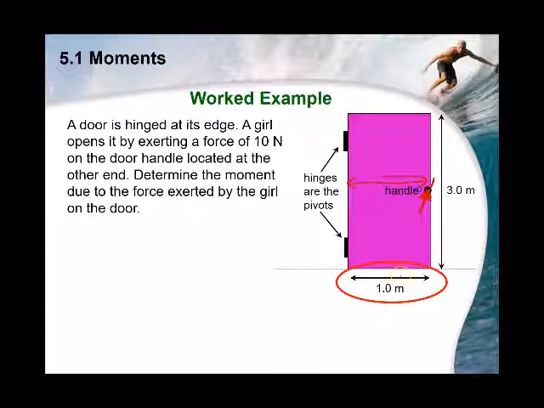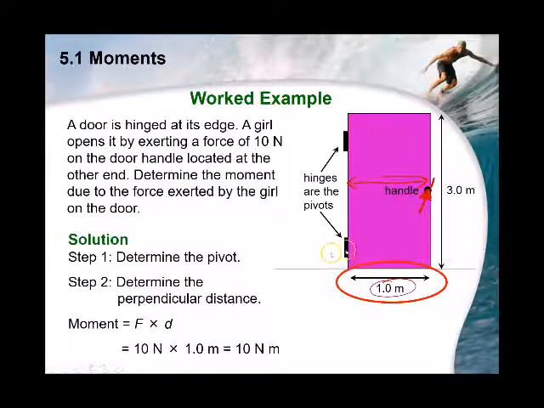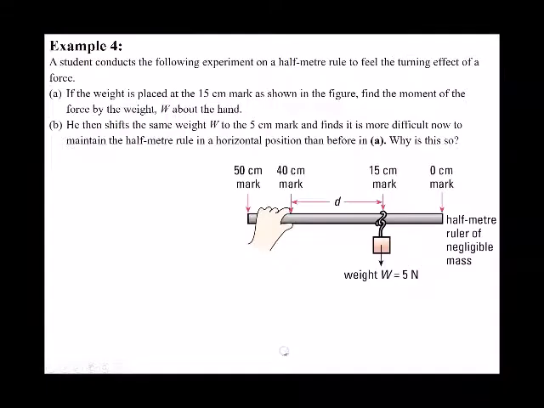If this length is 1 meter, this 1 meter will be the perpendicular distance from the force applied to the pivot. To find the moment, we first determine the pivot, which is the door hinges. We find the force, which we are told is 10 Newton, and then we multiply by the perpendicular distance to the pivot, and we get an answer of 10 Newton meters.